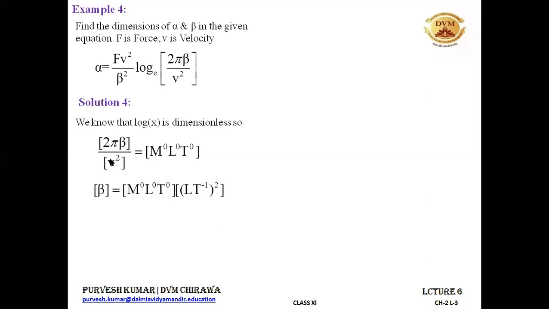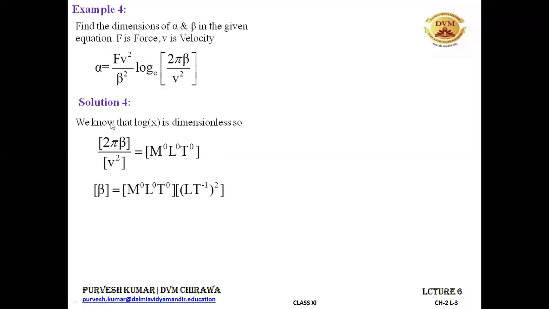So I've written first the dimensions for v, that is lt minus 1, and after squaring it, I have cross multiplied it. So now the dimensions for beta become m0, l0, t0 multiplied by the dimensions of velocity square, that is lt minus 1 whole squared. And why have I dropped the 2 pi? Because it's a numerical constant, and numerical constants do not have any dimensions, so it can be dropped.